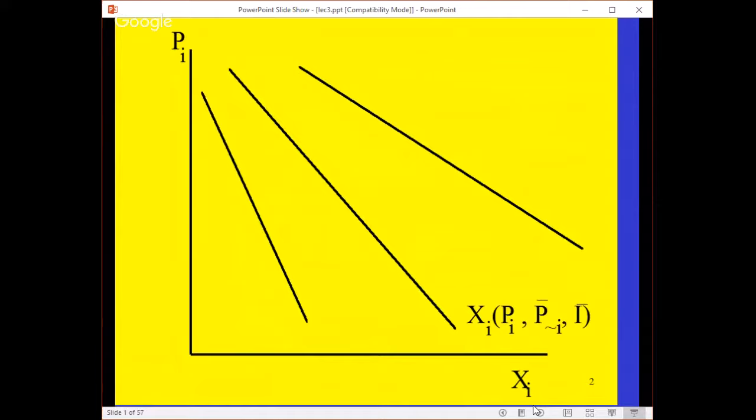In other words, at this price, this person demands this much, this person demands this much, and I do that for every price. I sum up all the individual demands and I get the market demand. Does that make sense?